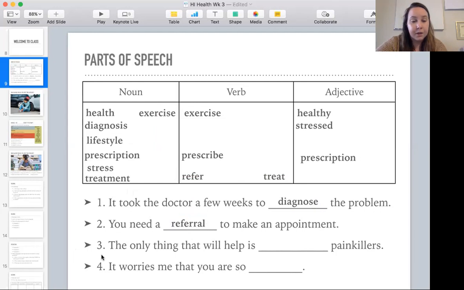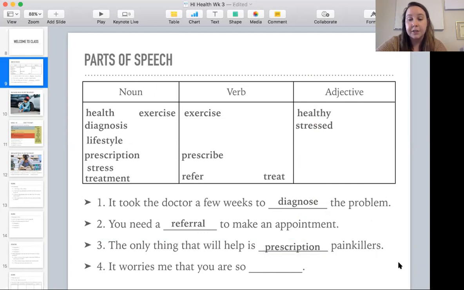Number 3, the only thing that will help is blank painkillers. Painkillers is a noun, and we know that adjectives describe nouns and come before the noun. So we look at our adjectives. The only thing that will help is prescription painkillers.